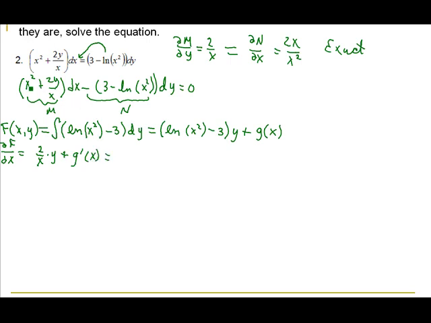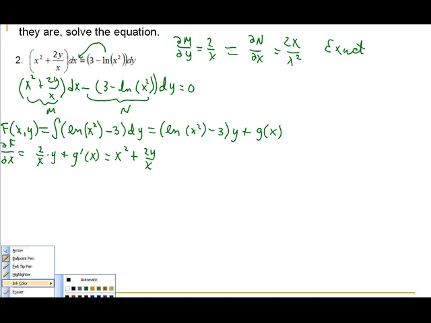And that should be equal to m, which is x squared plus 2y over x. Now, here, any constant has to be a function of x. So any terms that don't contain x should cancel out.